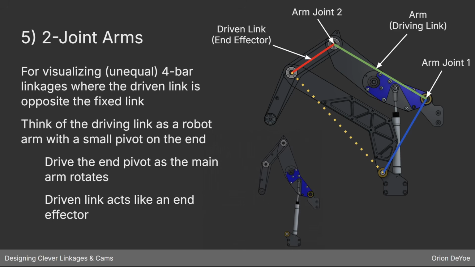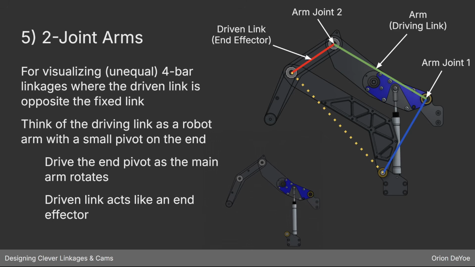One trick is that, generally speaking, you'll have mechanisms where the driven link, which is this red line in this image, is opposite of the fixed link, which is the blue line, and the driving link is adjacent to both of them, and that'll be controlled by a motor, an air cylinder, or something else. The passive link is just there to constrain the geometry.